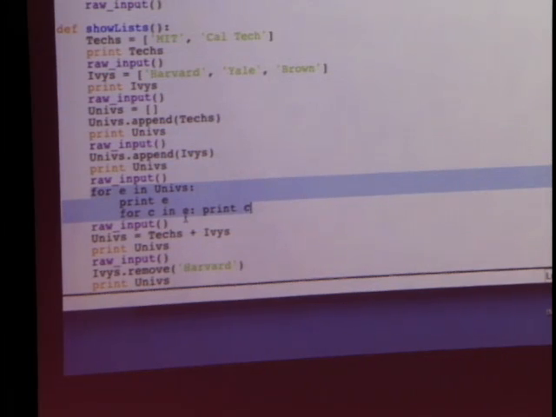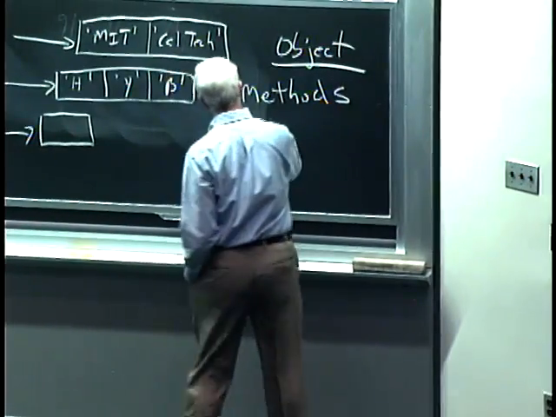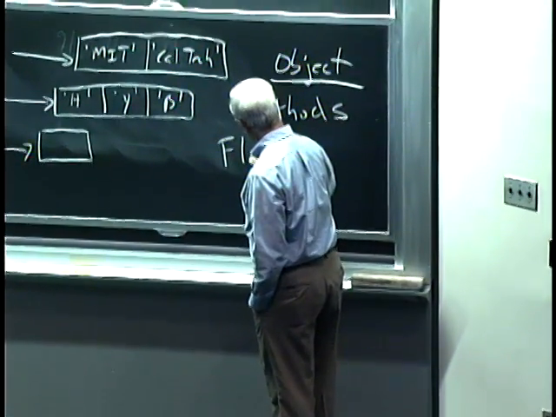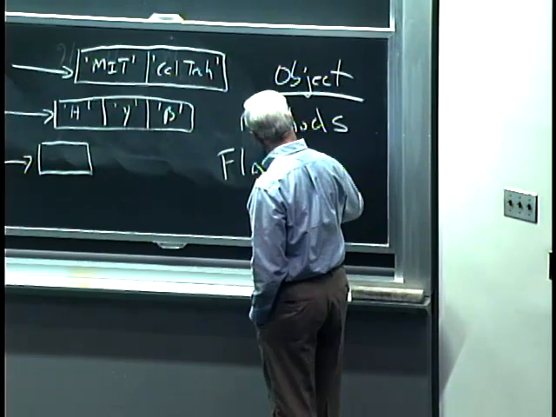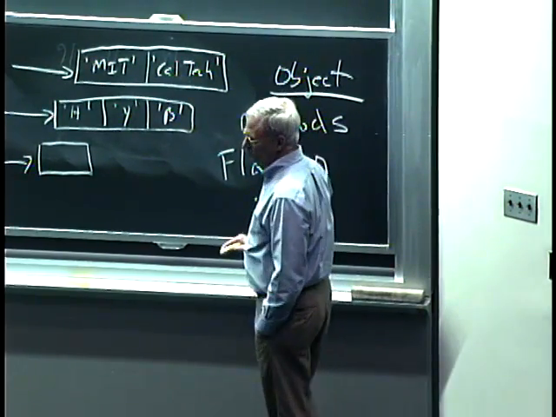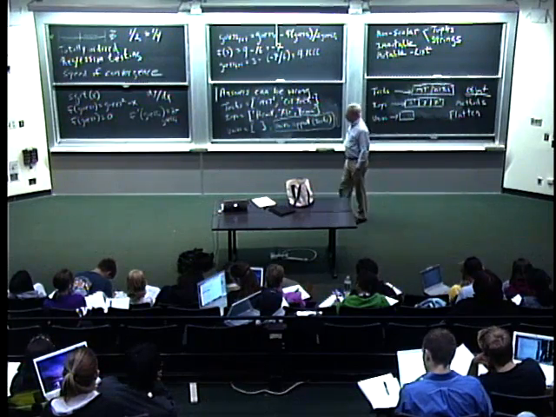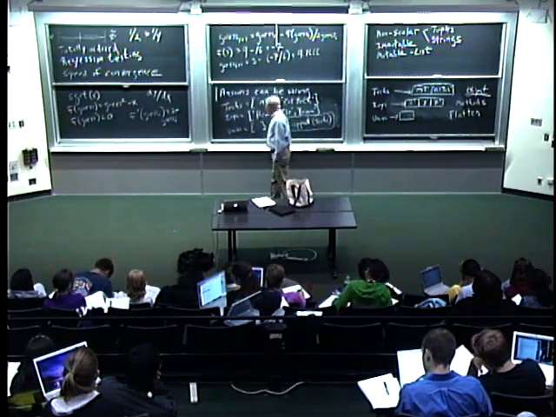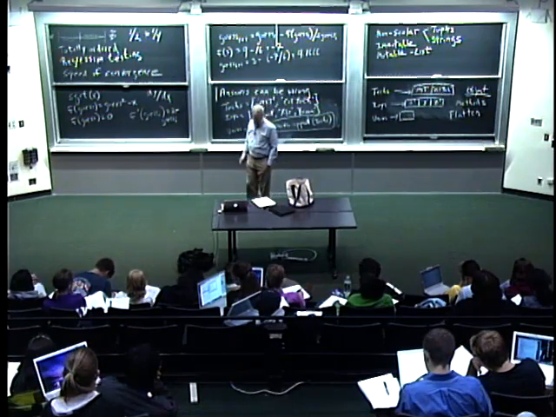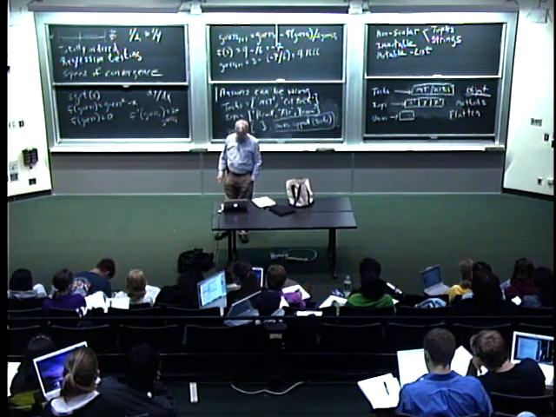Suppose I don't want all of this structure, and I want to do what's called flattening the list. Well, I can do that by, instead of using the method append, use the concatenation operator.